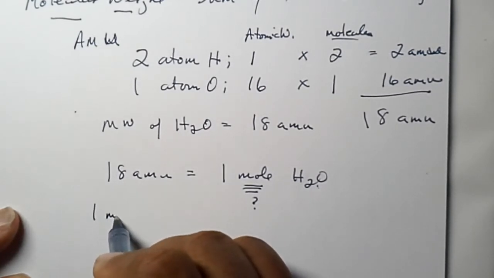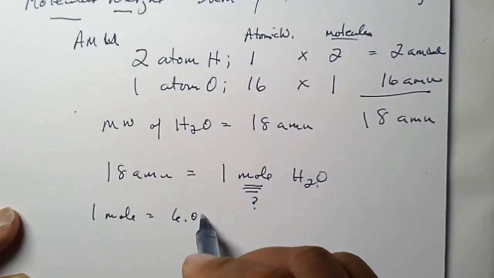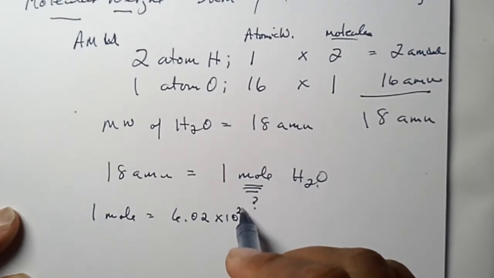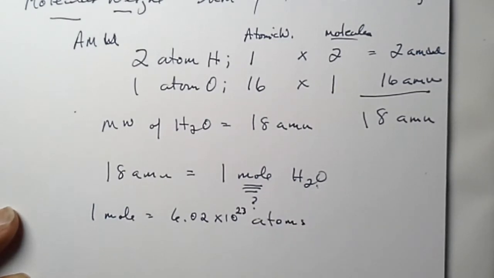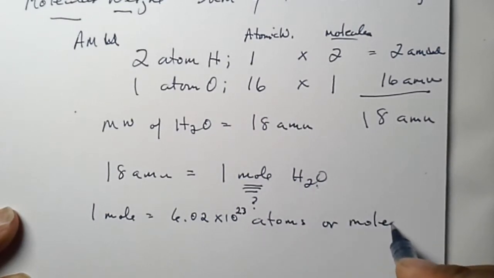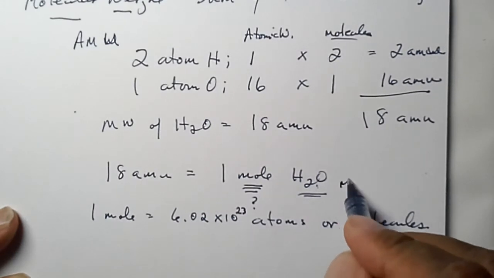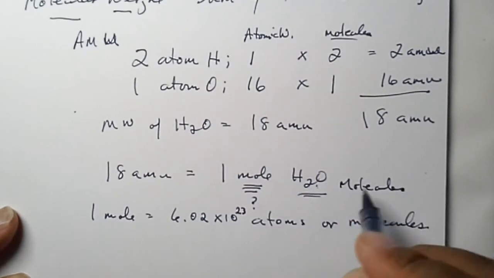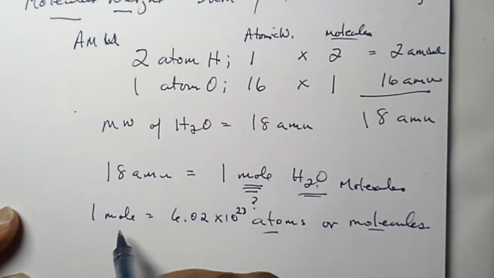Okay, 1 mole is equivalent to 6.02 times 10 to the 23rd atoms, or in this case, molecules, since water is a molecule. And so 6.02 times 10 to the 23rd atoms is equivalent to 1 mole.